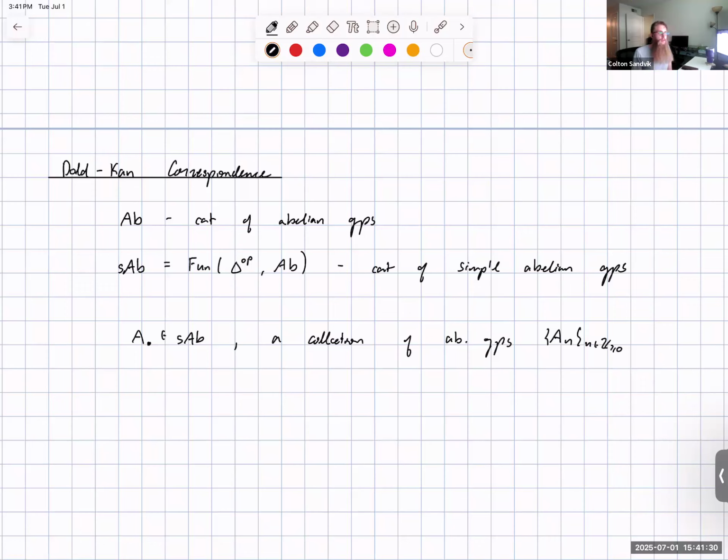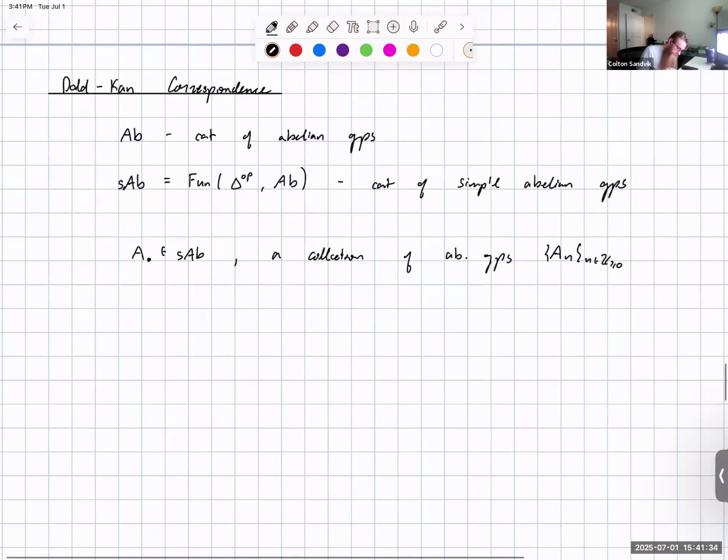And there should be some compatibilities with these given by the generating morphisms in the simplex category. In particular, for our degeneracy maps to n, we should get corresponding maps going the other way of abelian groups.